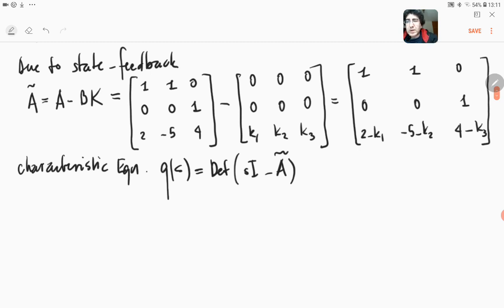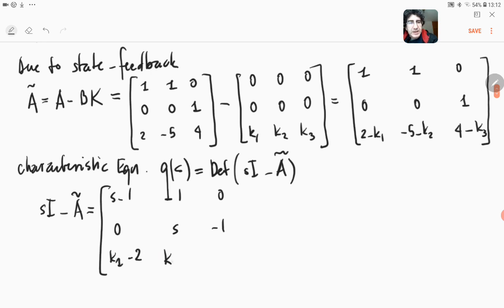You will check that this sI minus A tilde will be equal to s minus 1, minus 1, 0; there's a minus sign here; 0, s minus 1, minus 1; k1 minus 2, k2 plus 5, and s plus k3 minus 4.